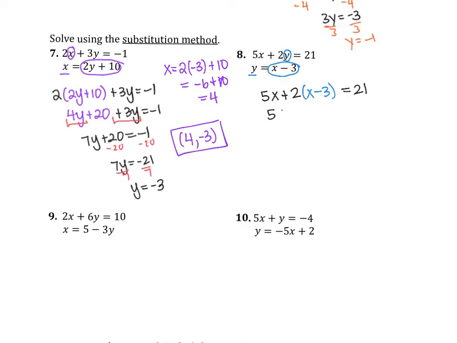Okay, let me bring this down. I'm going to distribute 2 times x is 2x, 2 times 3 is 6. And of course, those like terms, 5x plus 2x is 7x minus 6.